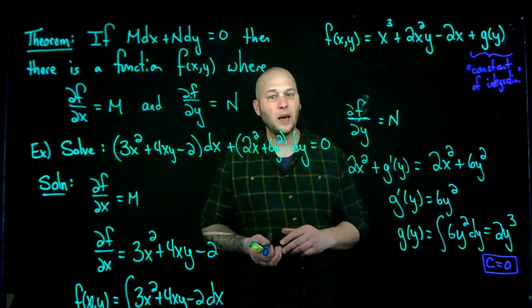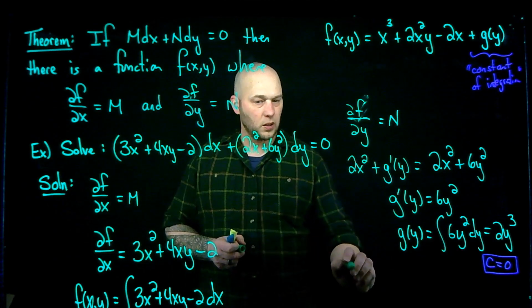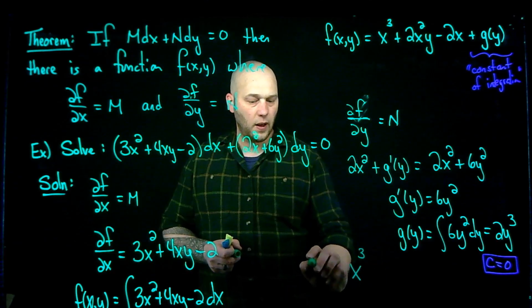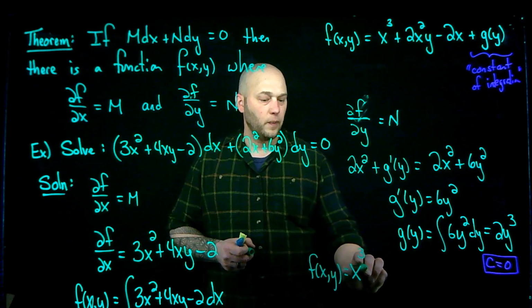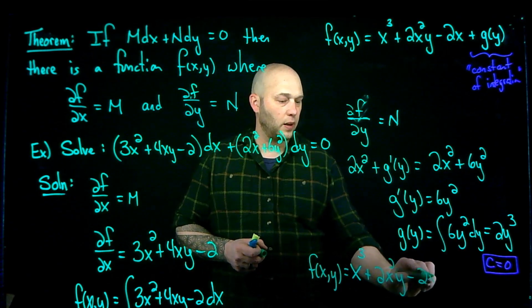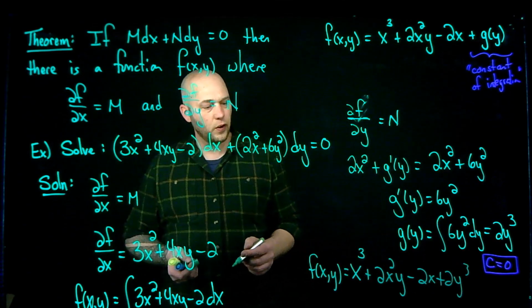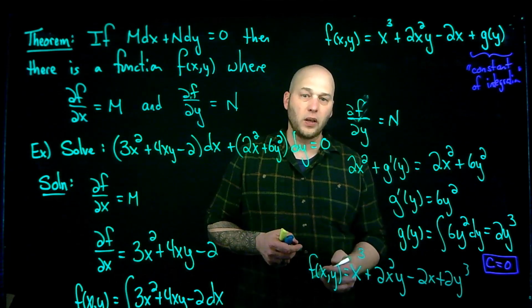Now, putting this together, I see that the solution consists of the following. f of xy rather, consists of x to the third plus 2x squared y minus 2x plus 2y cubed.